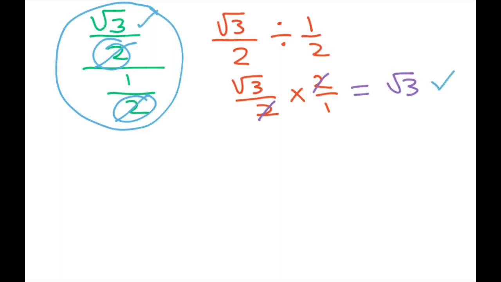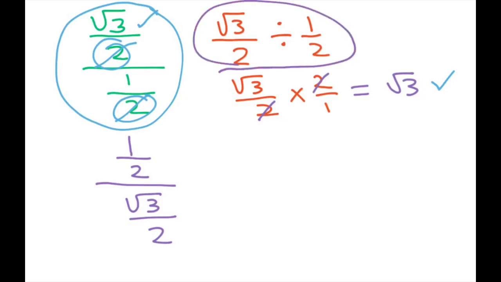And the other one we have is 1/2 divided by square root of 3 divided by 2. Again, you can do it this way. Keep, change. So I'll flip that, 2 over square root of 3.